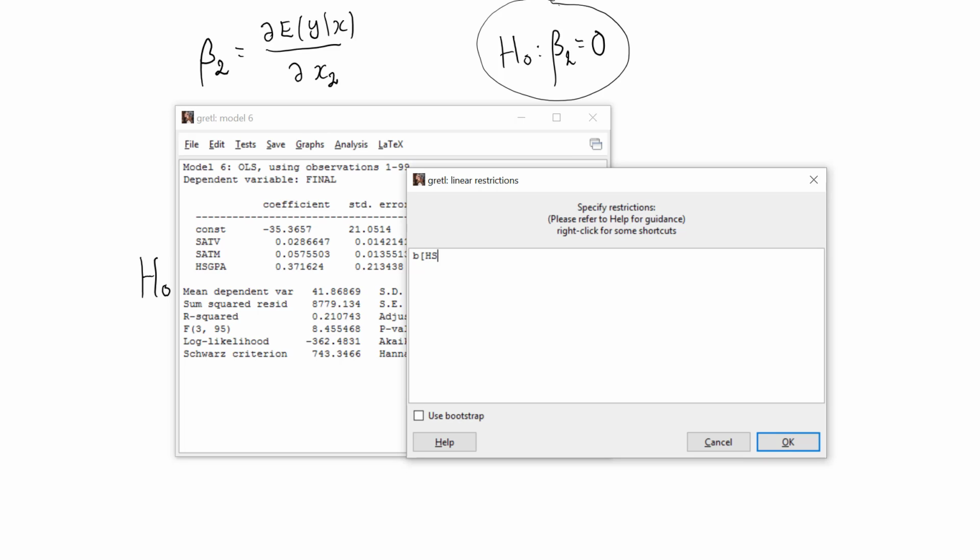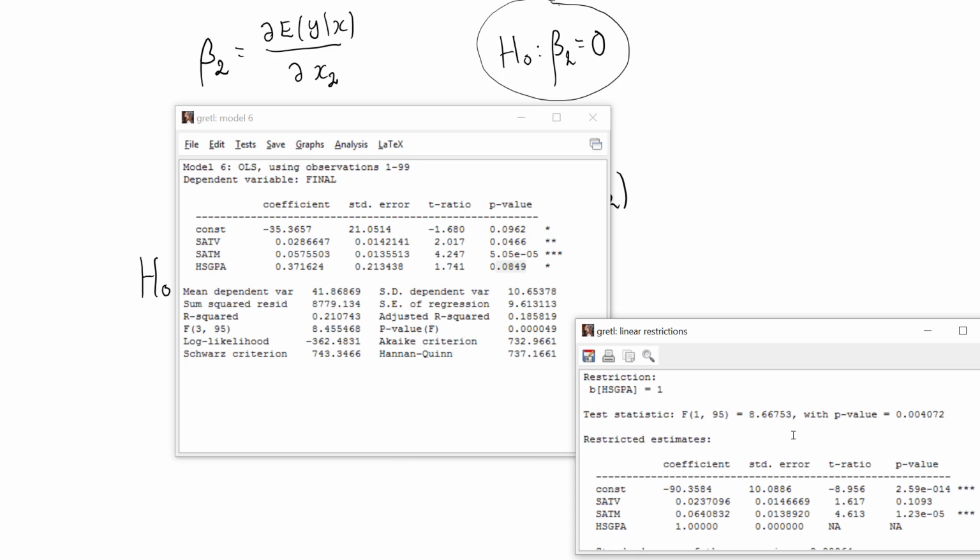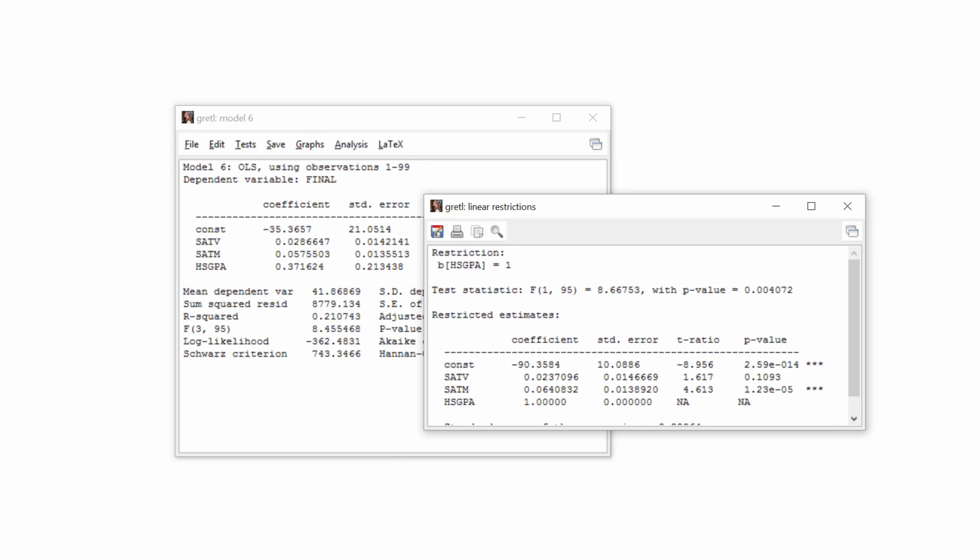Then type the name of the variable, HSGPA, and parenthesis, and then equal to 1. So this is what you need to type if you want to test beta 4 equal to 1. Once you click OK, Gretl will give you a p-value. It's right there. So this null hypothesis should be rejected, at least at the 5% level.